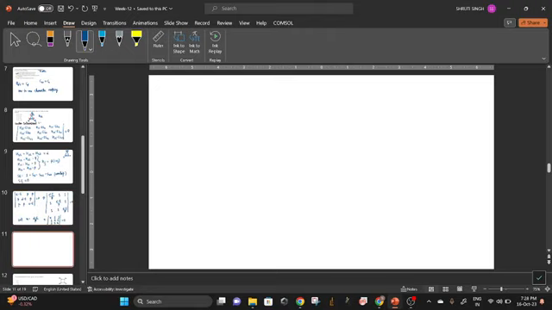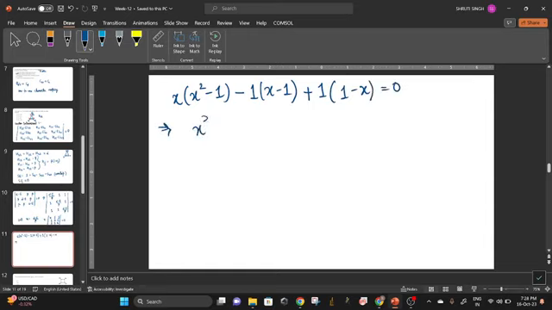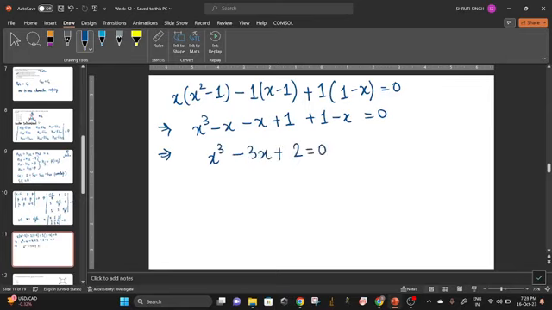When I solve this determinant, on expansion it will be x cubed minus x, plus 1, minus x, equal to 0, which means x cubed minus 3x plus 2 equals 0.